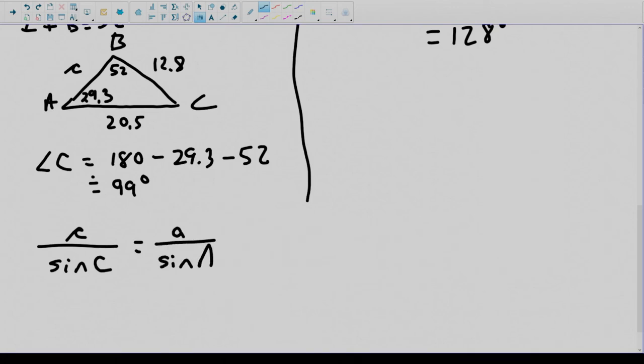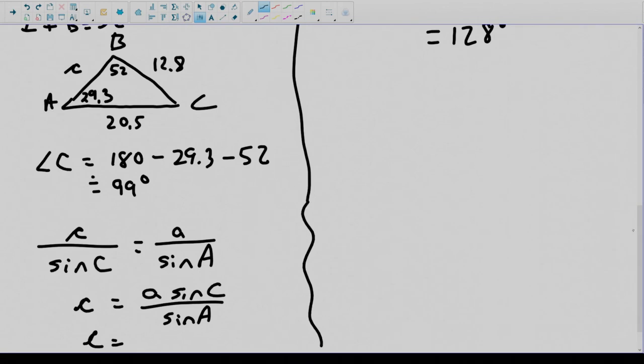And if you don't mind, I'm not going to do the rest of the math here because that is not hard to do. So you're just going to input a sine c over sine a, and that'll give you your c length, and I believe that's the last length we needed to find. All right? So that's the first solution to the ambiguous case.